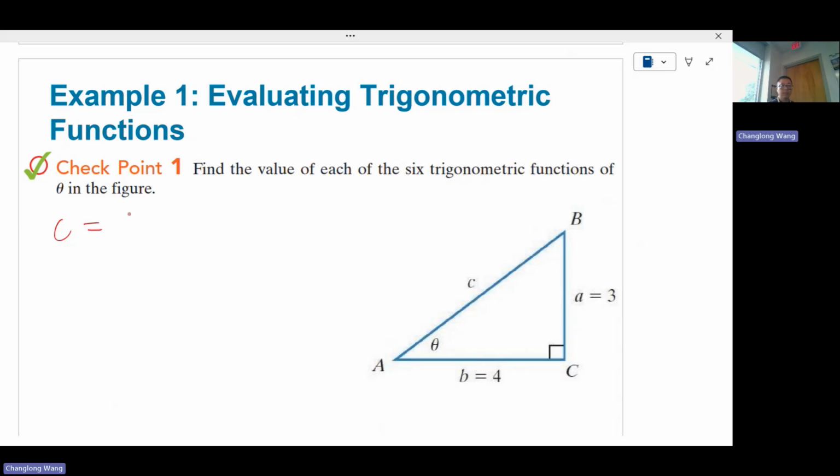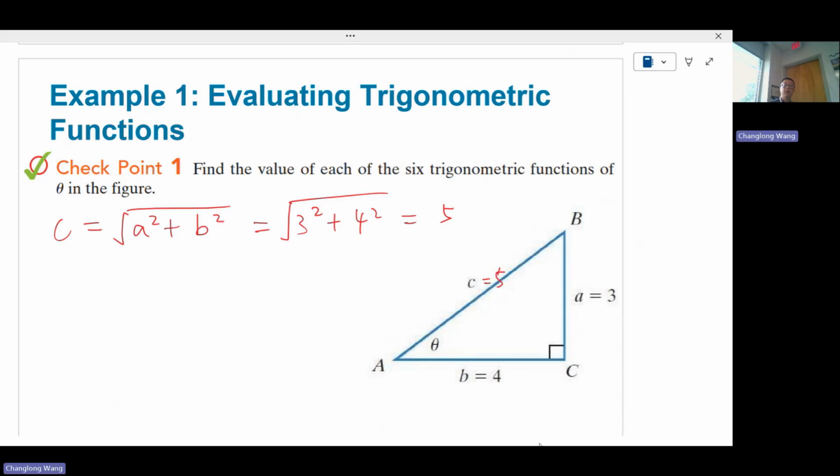You take the sum of the squares of the 2 shorter sides and take the square root. You get 3 squared plus 4 squared, which is 25. That's a perfect square of 5. So taking the square root, you get 5. So we do have all 3 sides.